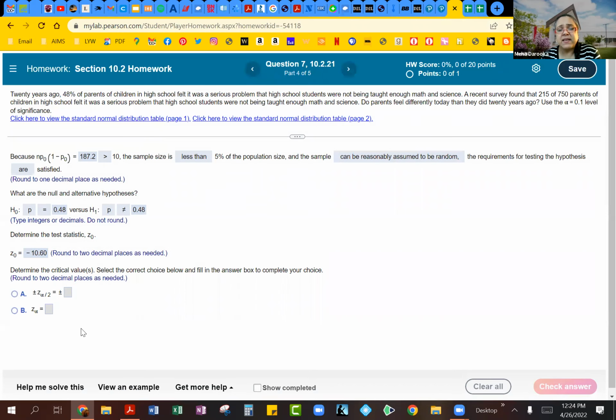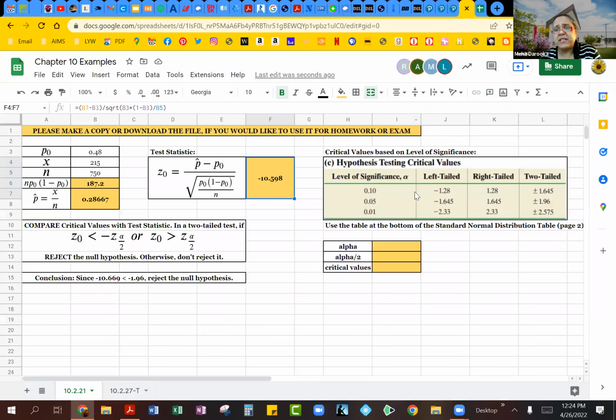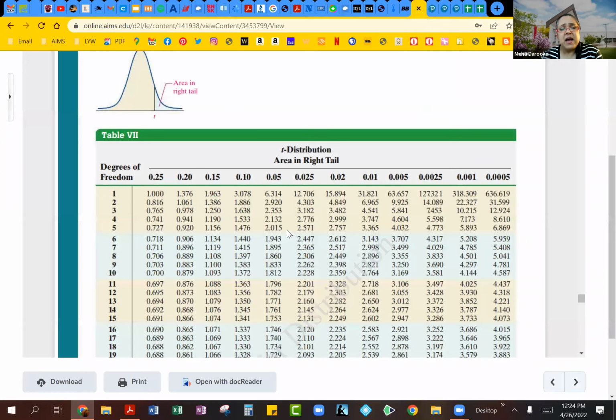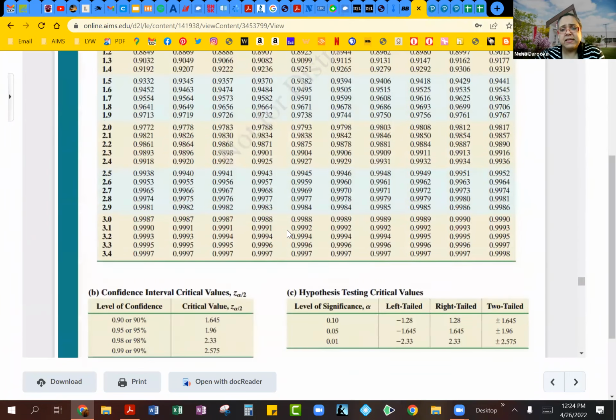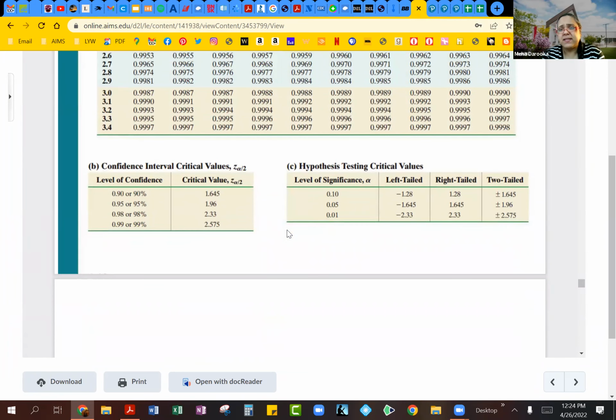Okay, now they're asking us to determine the critical values. As you will see, I have included this little table over here, and it's actually given to you at the bottom of your standard normal distribution table. You will see it for the hypothesis testing right here on the right-hand side.